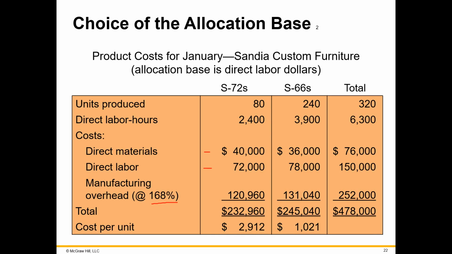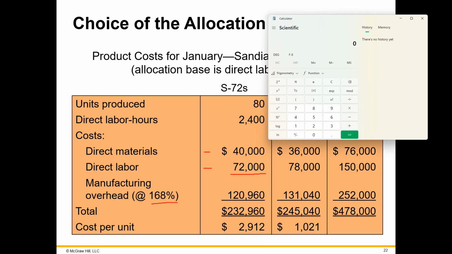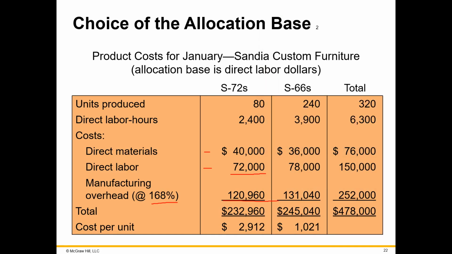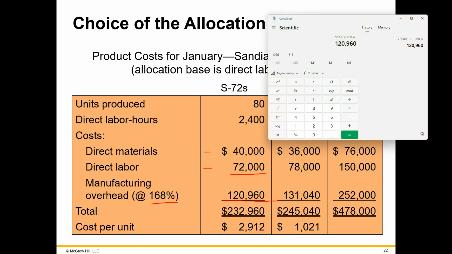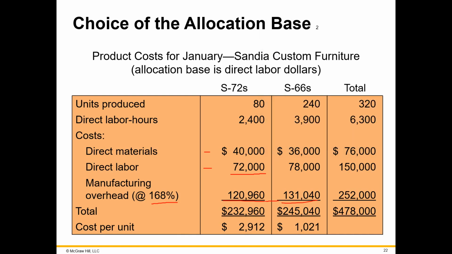So we do 72,000 times 1.68, and we get 120,960, which we find here. And we can do the same calculation for the S66 line, $78,000 in direct labor cost times 1.68, and we get the 131,040. And so you add these two up, 120,960 plus 131,040, and we get 252,000. So it's always good to check your work after doing the allocations.